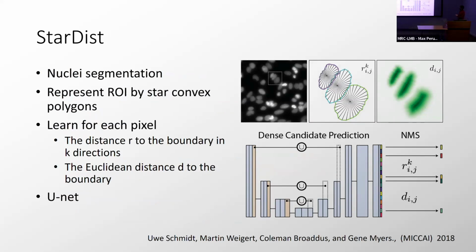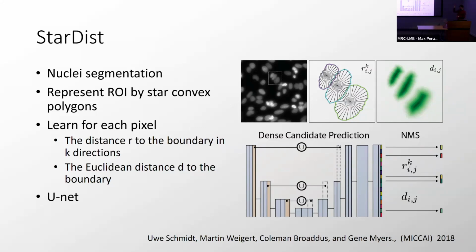So how does it work? It represents the region of interest with a star-convex polygon. And it learns for each pixel the distance to the boundary in k directions. So for each pixel, there will be a distance to the boundary in each orientation, which are a parameter of the algorithm. For example, often they use 32.